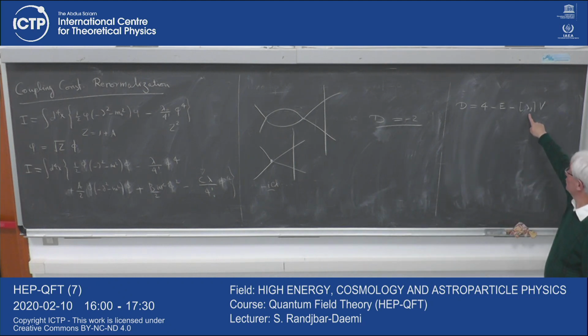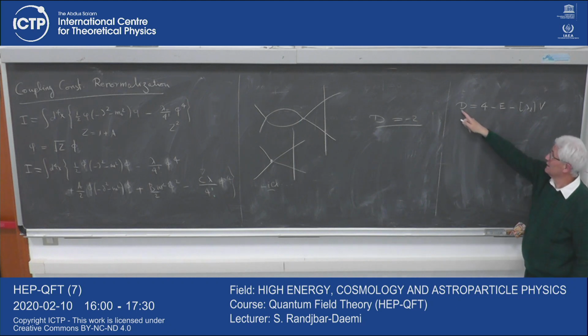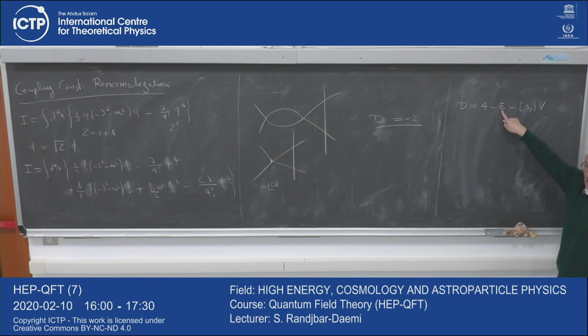Okay? And you see that for phi cubed, the superficial degree of divergence has more tendency to be negative than positive, because not only E subtracts from 4, but also V, as you increase the number of vertices, D quickly becomes negative in 4 dimensions. If you examine the same thing in 6 dimensions, it will be more or less similar to what we did for phi to the 4 in 4 dimensions.